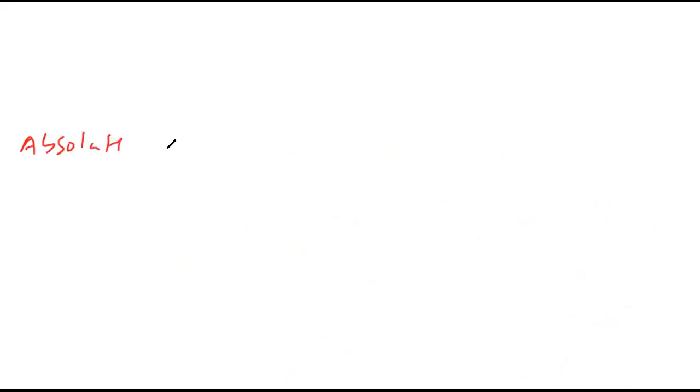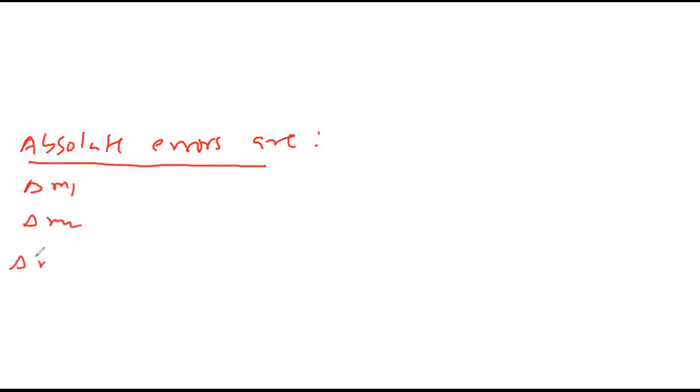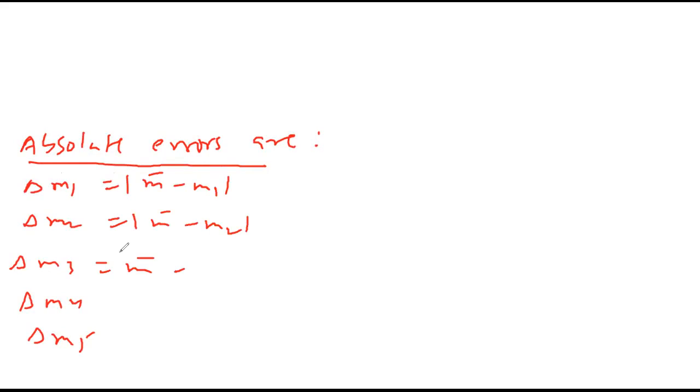So absolute errors are delta M1, delta M2, delta M3, delta M4, delta M5, which are M bar minus M1, M bar minus M2, M bar minus M3, M bar minus M4, M bar minus M5.